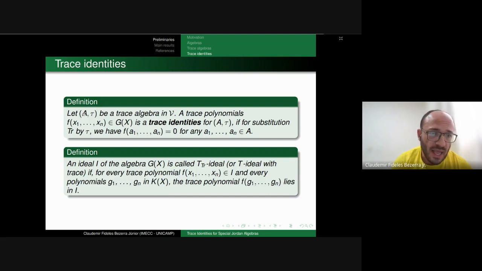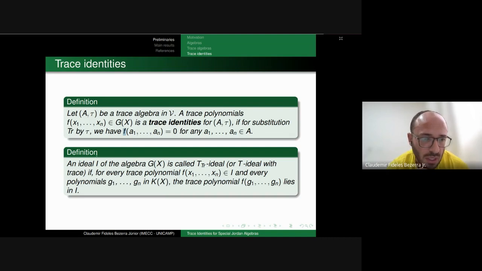We consider a trace algebra in a variety V. A trace polynomial in this algebra is a trace identity for the pair A, tau if, for the substitution of TR by tau, we have this element equals 0 for any a1 until an in algebra A. This definition is usual.